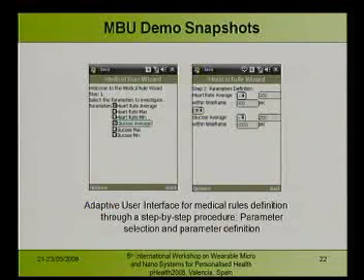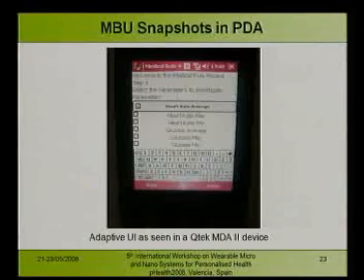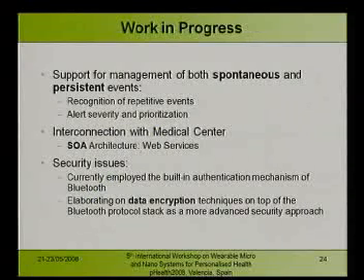And then these rules have to be verified automatically at the end of the sensors and at the end of the medical center. And that's an MBU snapshot in the PDA used. And so this is more or less the work that we're doing at this moment.